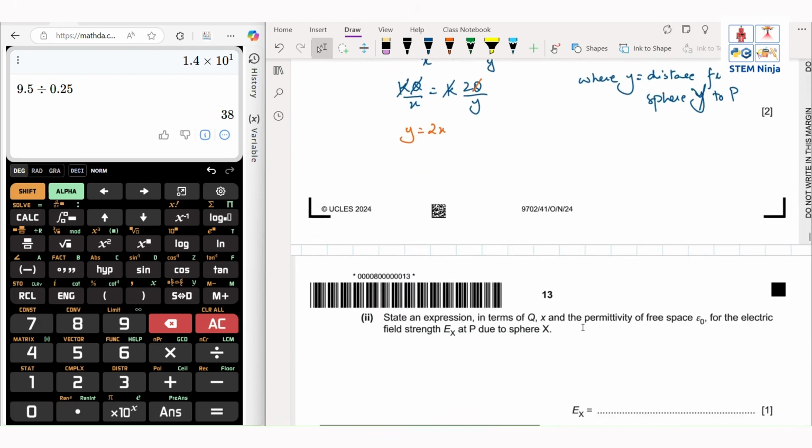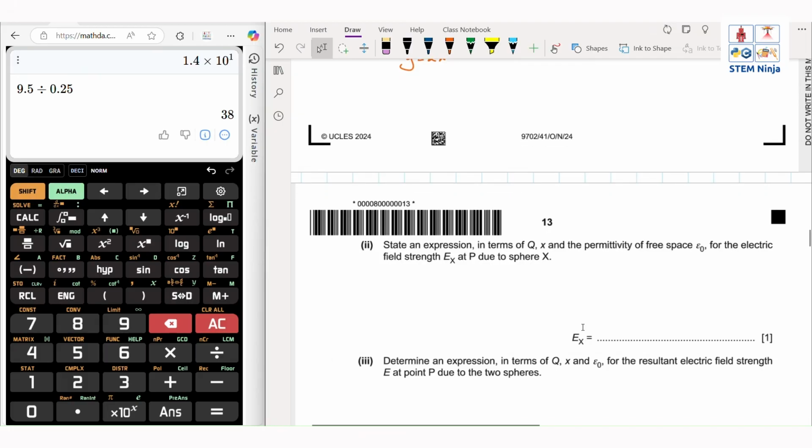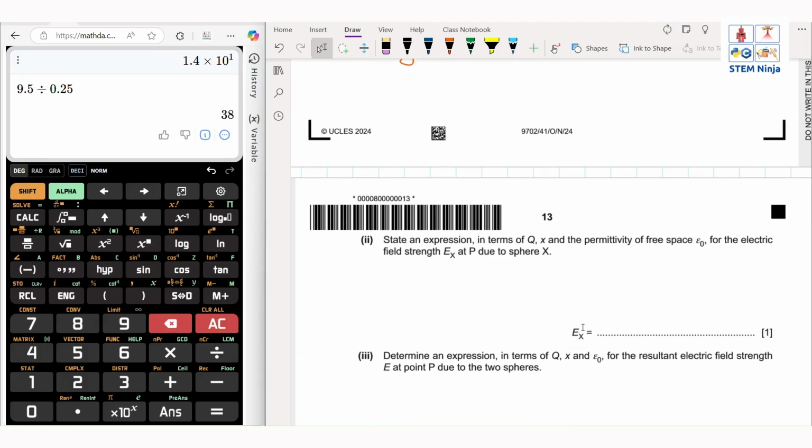All right. State an expression in terms of Q, x, and the permittivity of free space, epsilon naught, for the electric field strength Ex at P due to sphere X. For this, k is basically 1 over 4 pi epsilon naught.